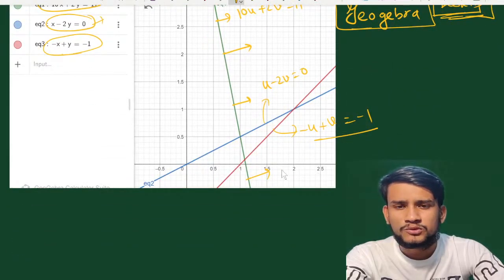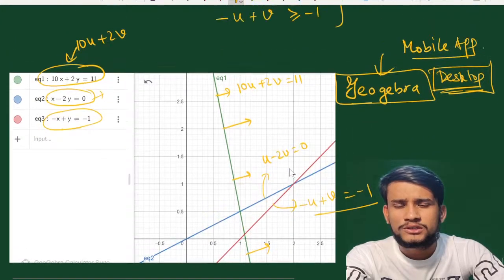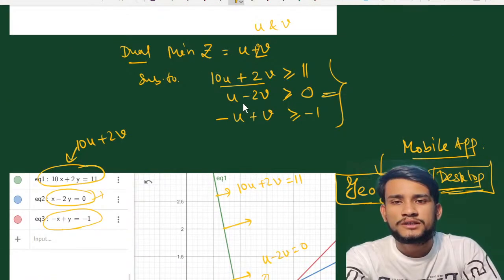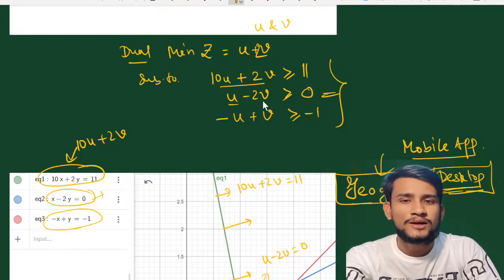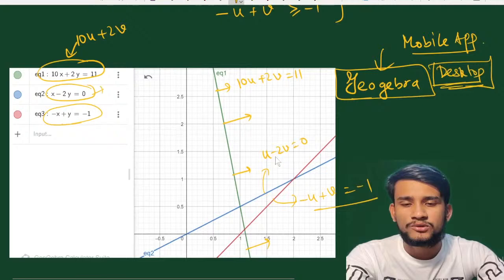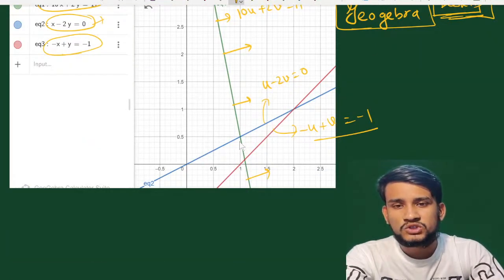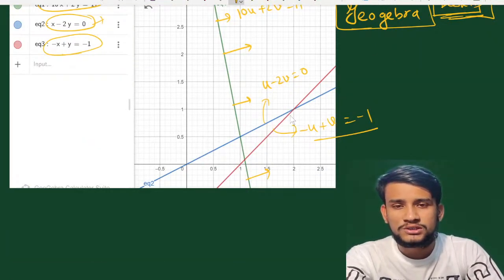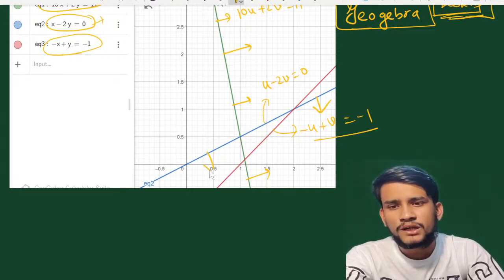If we put 2 0, this does not satisfy. If we put 3 0, then 3 minus 0 is greater or equal to 0, this satisfies the inequality, therefore this side, containing 3 0, is the given region.